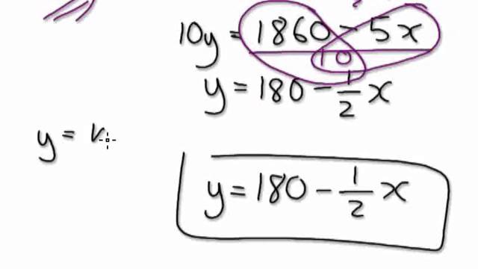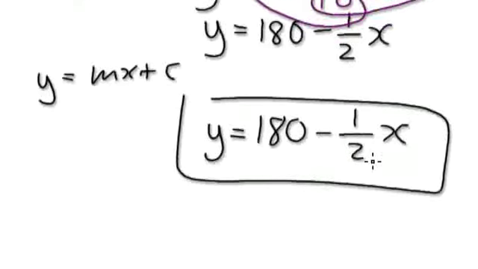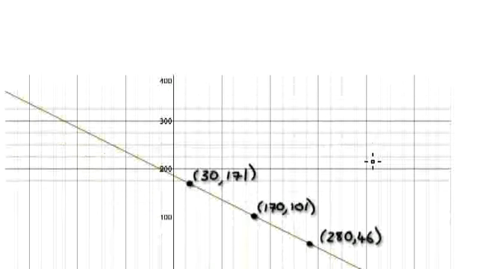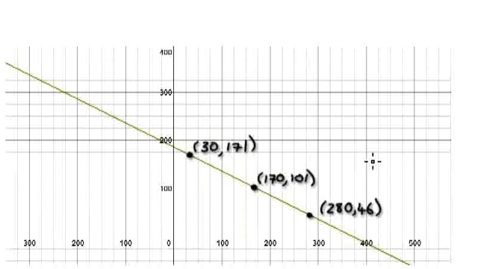Remember, y equals mx plus c. Our c here is 180, and our gradient here is negative a half. So when you plot this on a graph, it looks like this. This is y here, and this is x here.